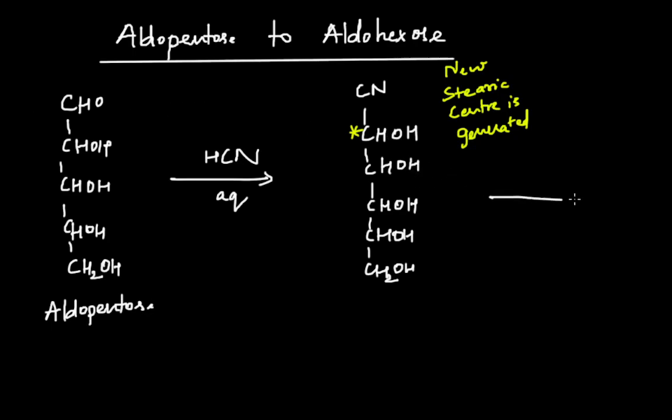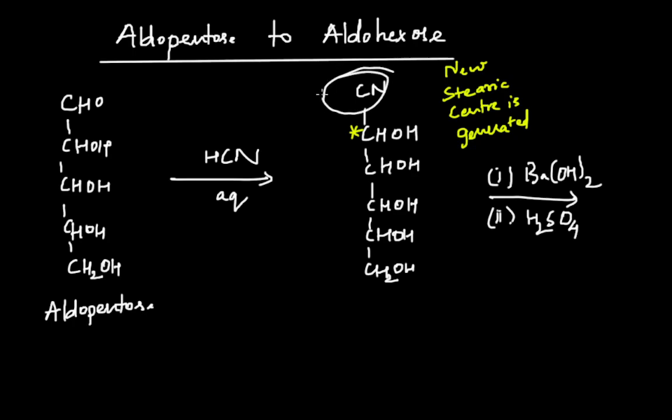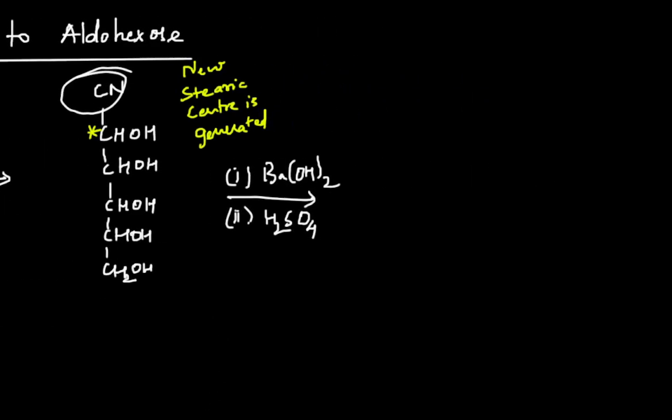This one you react with barium hydroxide and again acidify using sulfuric acid. What happens? Conversion of this nitrile group to a carboxylic acid group is done. So you get CHOH, CHOH, CHOH, CHOH.